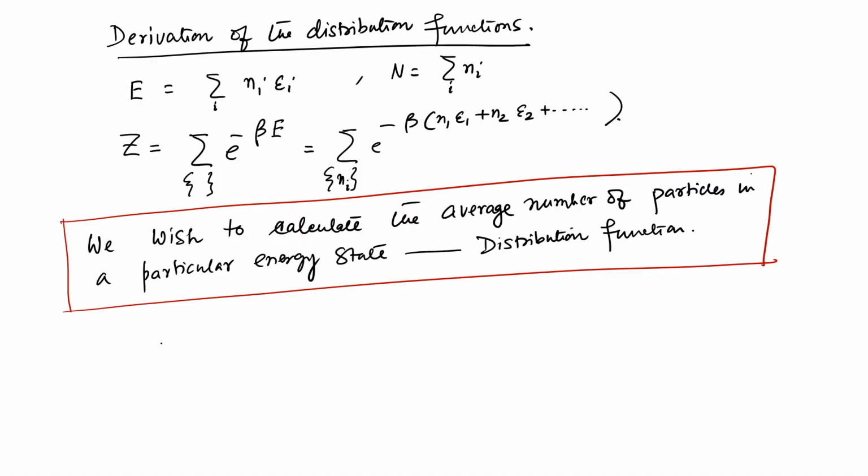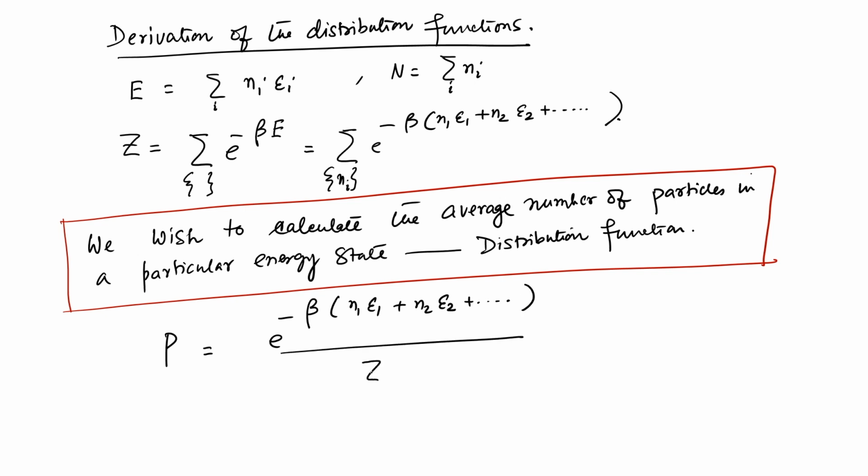Okay. So, the microscopic structure is given by these distributions, or these average values of these distributions. The mean number of particles can be obtained by doing this, where P is that Boltzmann distribution: n1 epsilon 1 plus n2 epsilon 2 and so on, divided by the canonical partition function.